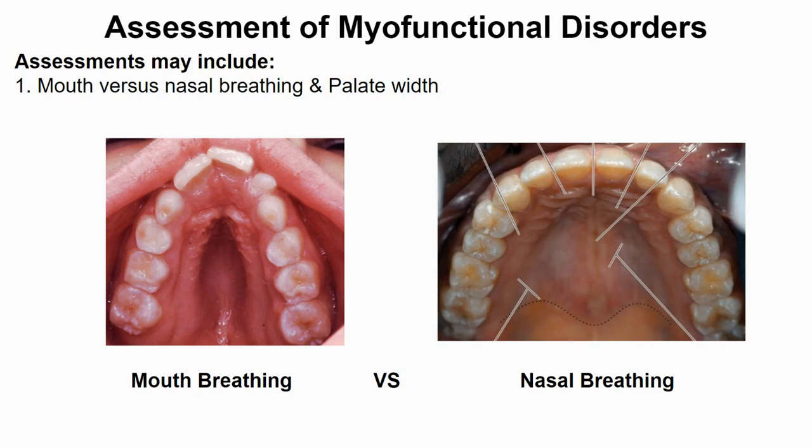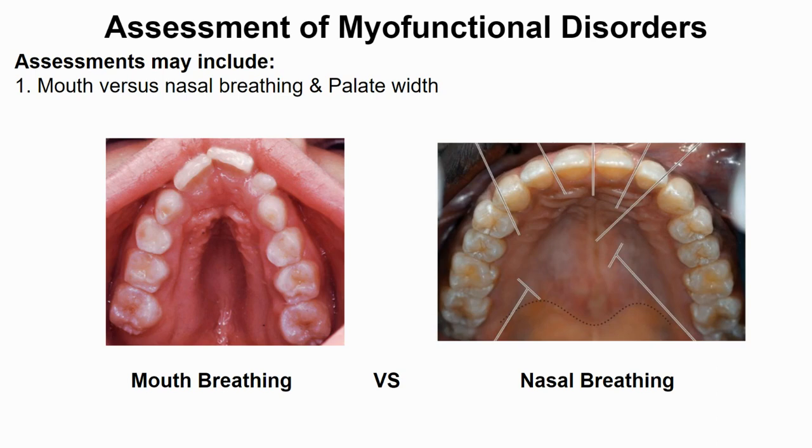Some of those assessments may include whether or not the patient breathes through their nose or their mouth, and what the palate width is. The palatal width is essential as a narrow palate will indicate that the tongue is not fitting properly in the oral cavity and it may obstruct the airway. And here you can see on the image a mouth breathing individual's palate compared to a nasal breathing individual's palate.